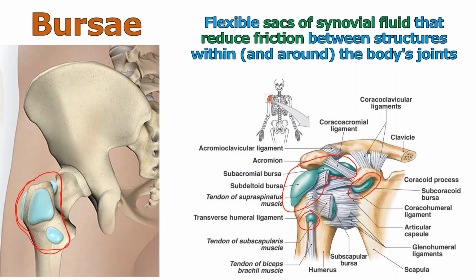So bursae, one singular one would be called a bursa, is a sac of synovial fluid. And again, we only find these in synovial joints, so not all of them, just some of them have these bursae. It's filled with synovial fluid, and it acts as a lubricant to reduce friction, not only between the bony parts of the joint, but it could also be in between the bone and corresponding ligaments or tendon sheaths or any other thing that's wrapping around that particular joint.